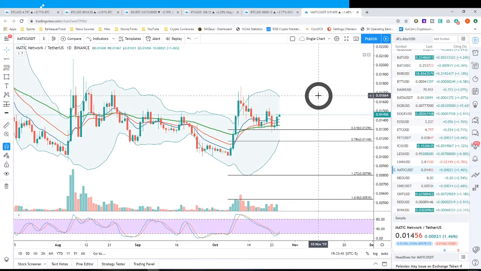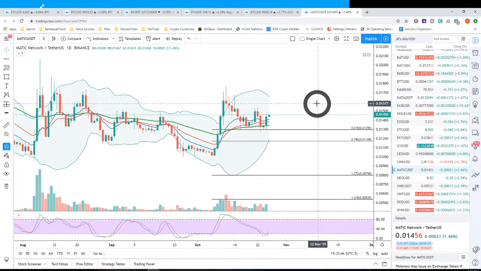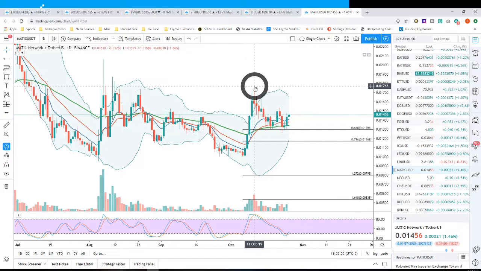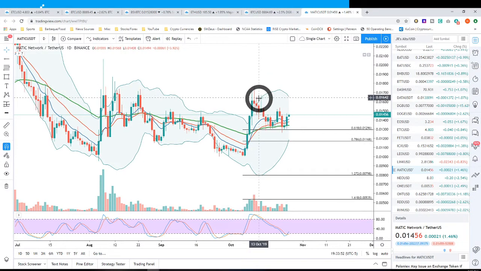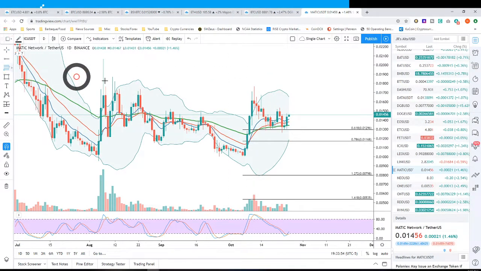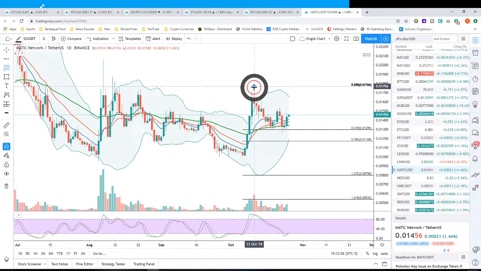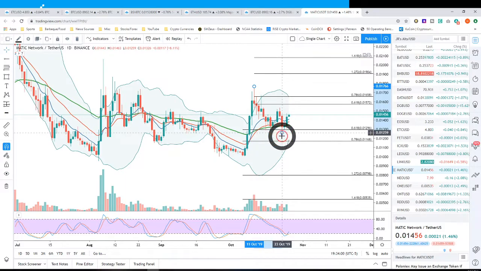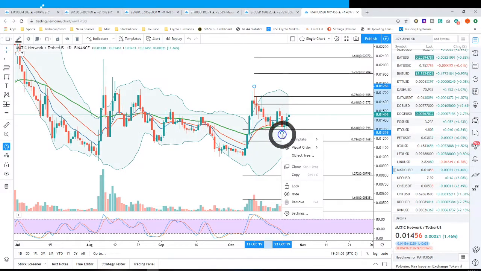Anyway, I'll leave that there. And then let's do this. Let's go Fibonacci. Let's go right here to this high, if I can get the thing to line up, and there we go. That high to this low.